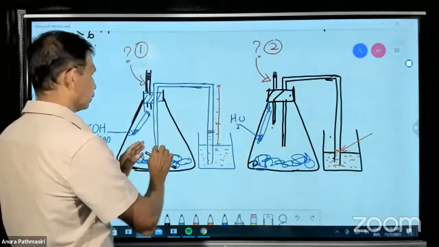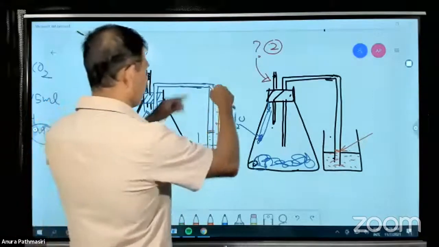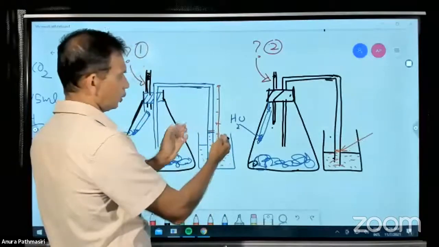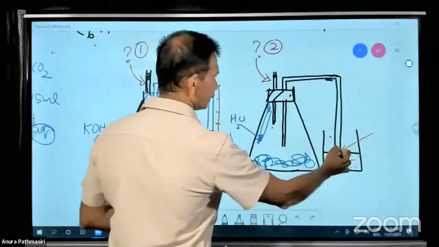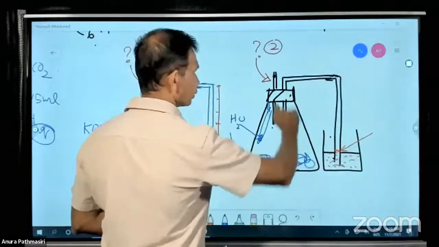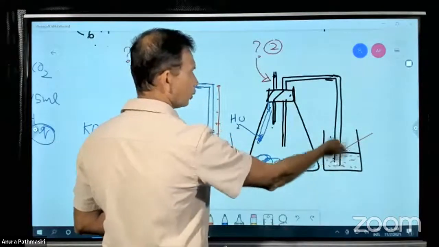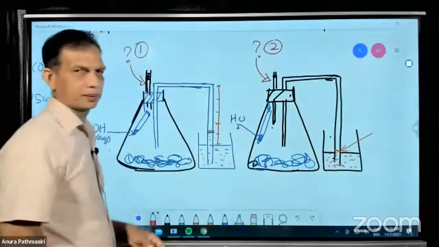Because of the air pressure, when you fix this one to water, this will not be like this. This will be pushed down because of the air that won't rise upward.